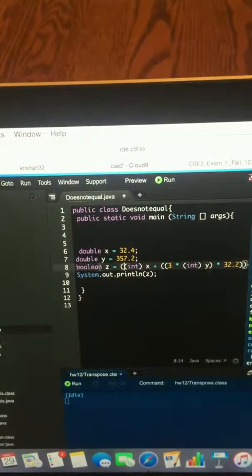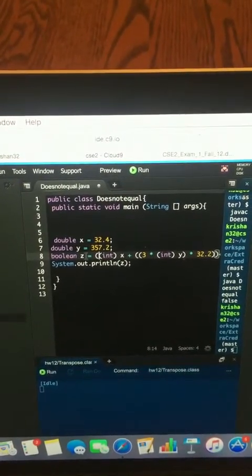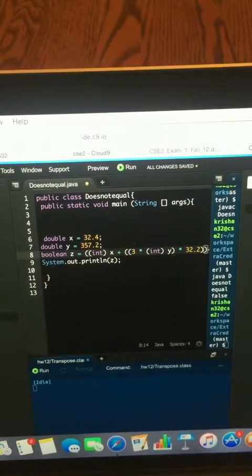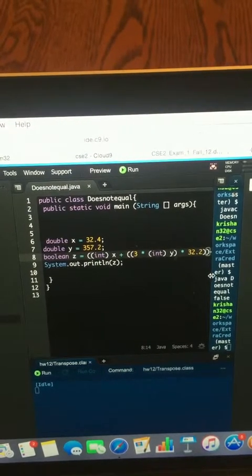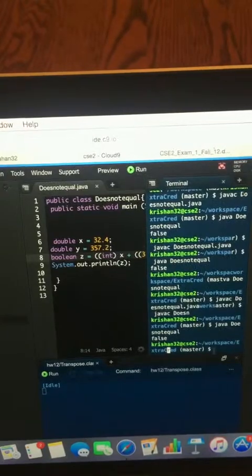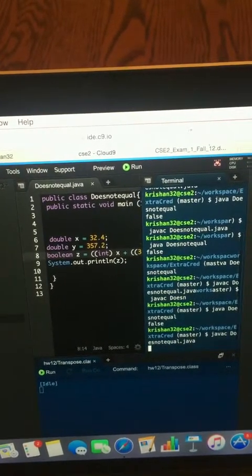And there we go. So now let's test if this gives you a false also, which is what the original question gave you. So you first need to save the program, then you need to compile it. And now you need to run it.